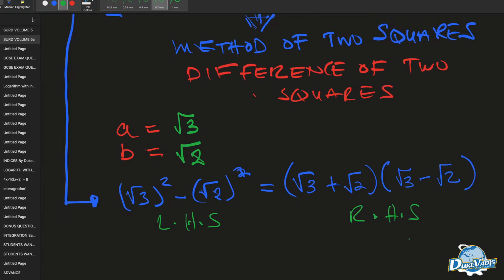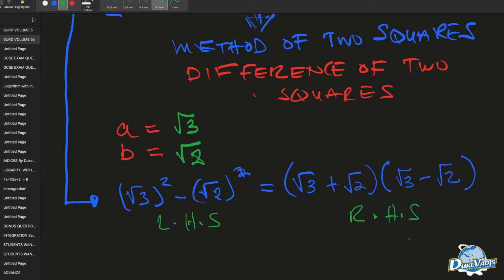And this formula we are going to use throughout. Please have a clear look at this formula, because we are going to use it over and over, working with surds as far as rationalization is concerned. The difference of two squares formula, we're going to use it throughout.